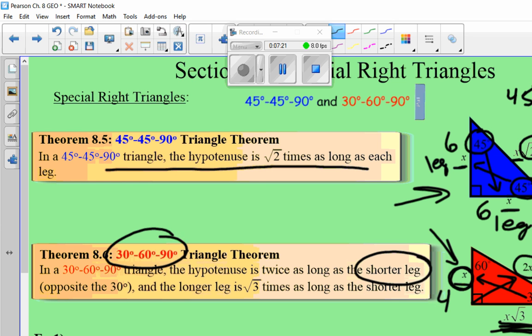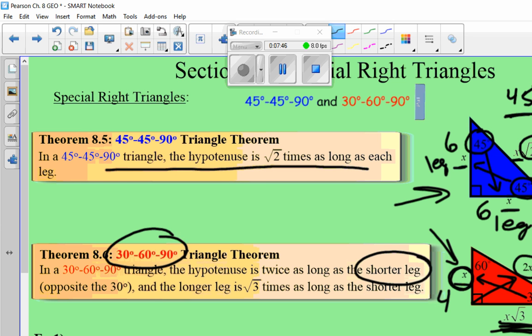So since I had 2 45-degree angles, I'm multiplying by the square root of 2. That's how I remembered it. For the 30, 60, 90, I had 3 sides that were all going to be different, so I remembered to use the square root of 3 when I was using that particular theorem. So you come up with little tricks sometimes to remember it so you don't get screwed up.